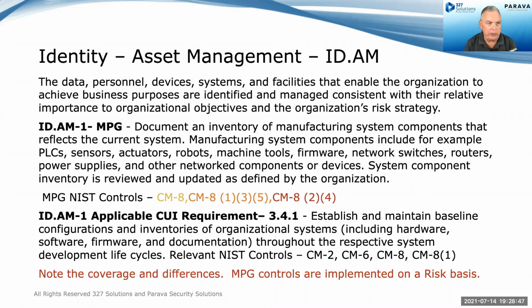The system component inventory is going to be reviewed and updated as defined by the organization. Now, what you'll notice are the NIST controls that are referenced in the manufacturing profile guidance. Those are CM, Configuration Management 8, and a lot of the control enhancements that go along with configuration management.